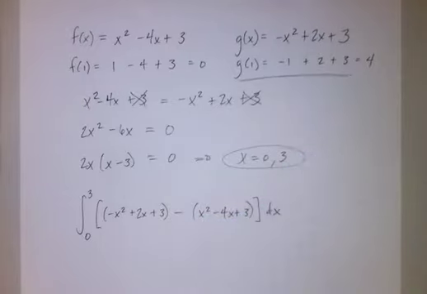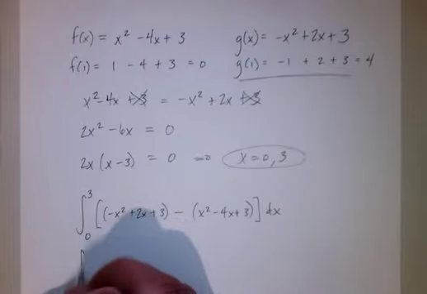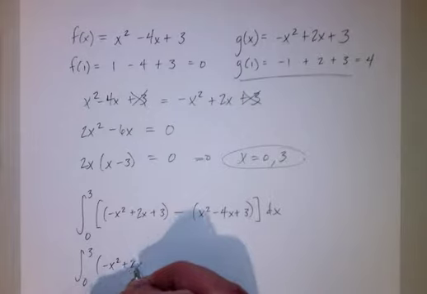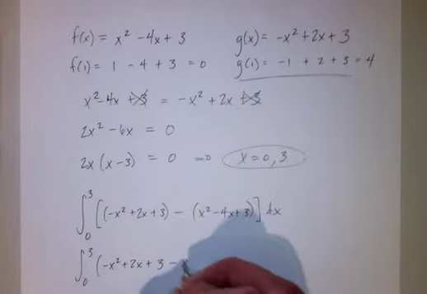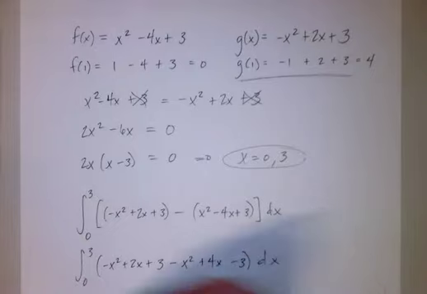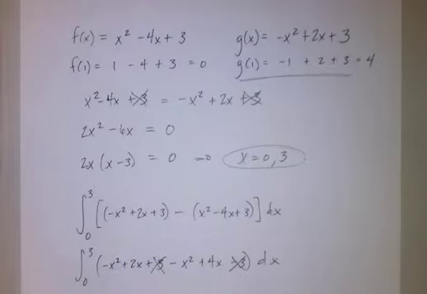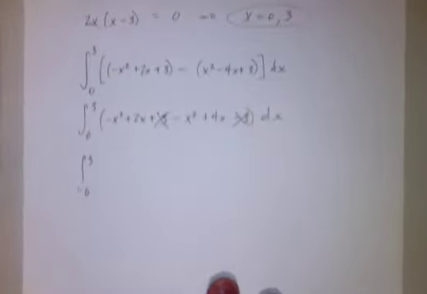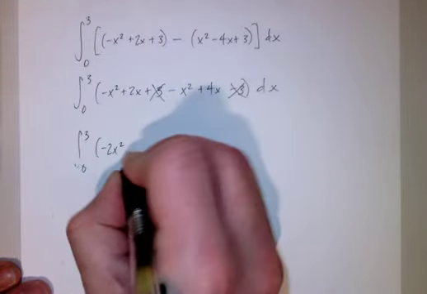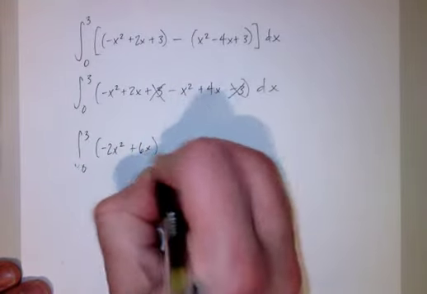Okay. And from here, I can go ahead and simplify again. Let's go ahead and let's not be impatient. Let's go ahead and show the distribution of this one. Dx, the 3 and the minus 3 go bye-bye, and we're left with 0 to 3 of negative 2x squared plus 6x.